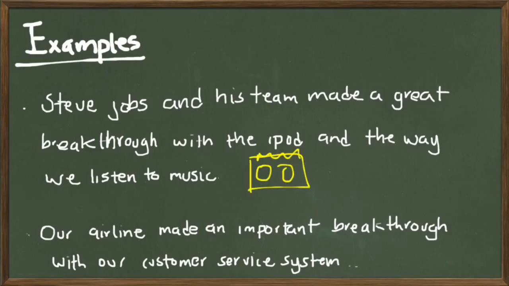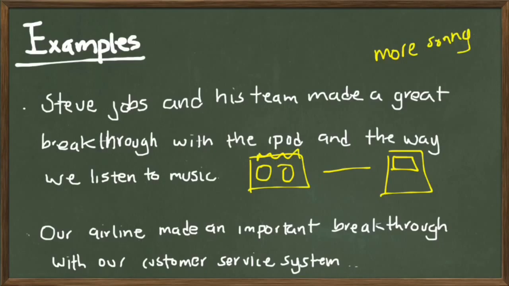Well, I hope you will get it. A cassette that had a tape, etc. And someday this guy decided that he created the iPod. With more songs. Let me erase that. Songs. He brought internet to the iPod as well. Well, it was later on, but anyways.